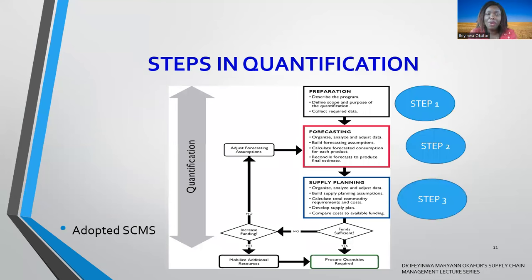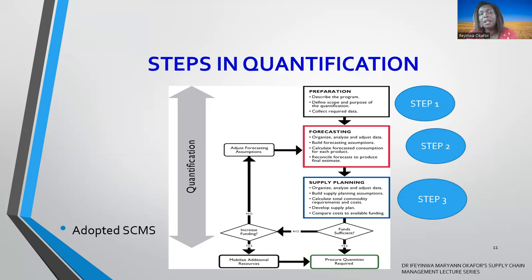Looking at this diagram that is showing now, we have steps in quantification. Basically, we have 3 steps in quantification. Number 1 is preparation. The second step is forecasting.